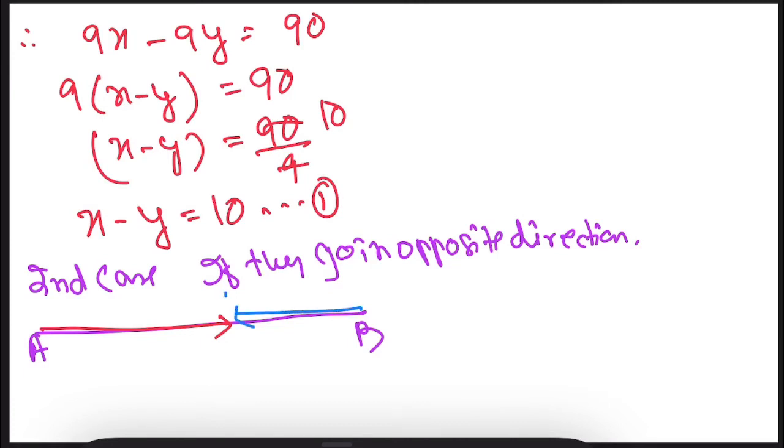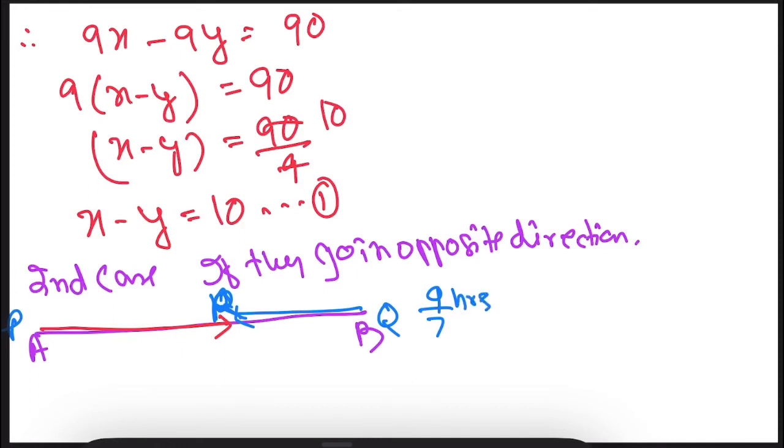They meet at the point R. After how many hours did they meet? If they go in the same direction, they meet in 9 hours. If they go in the opposite direction, they meet in 9 upon 7 hours.